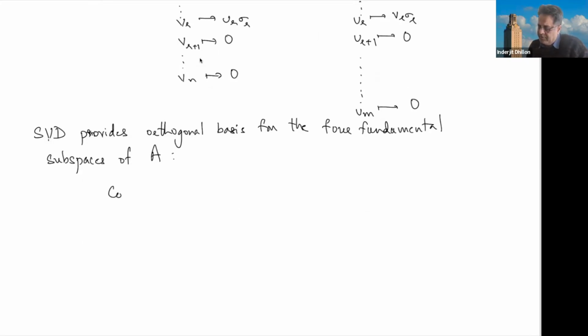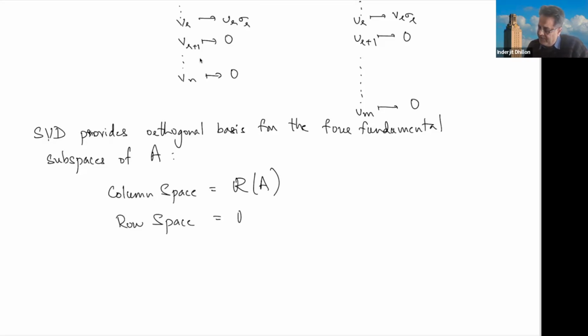It's the column space of the matrix A, which is often denoted as the range space of A. The other is the row space of the matrix. And you probably saw in your undergraduate linear algebra course that the row rank is the same as the column rank, right? And it just falls out of the SVD.